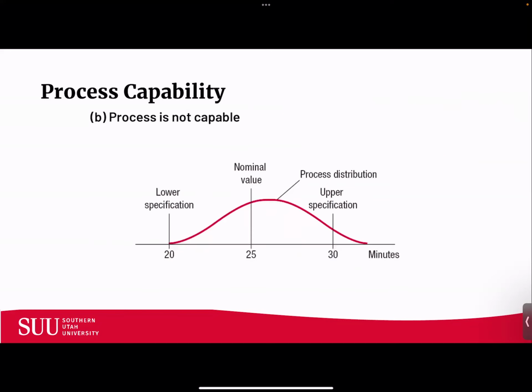And if it is outside the limits, which means above the upper or below the lower, then it's not capable. So this is how we get the idea of whether it's capable or not.